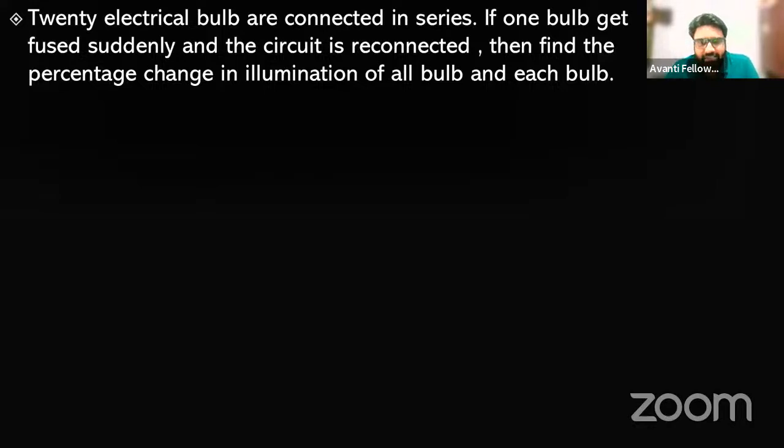Always remember, when nothing is mentioned and illumination has been asked, the examiner is asking for the power. So illumination is directly the power. Clear? Try to solve this, everyone. Meanwhile, I also start solving it. Just match your answer.